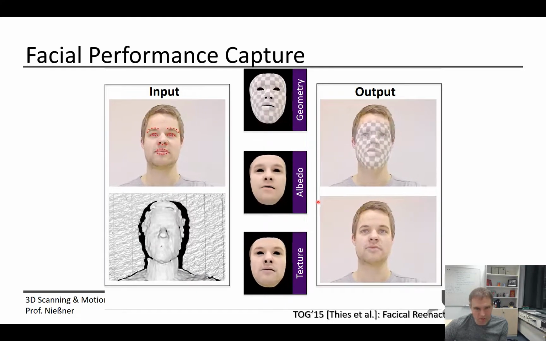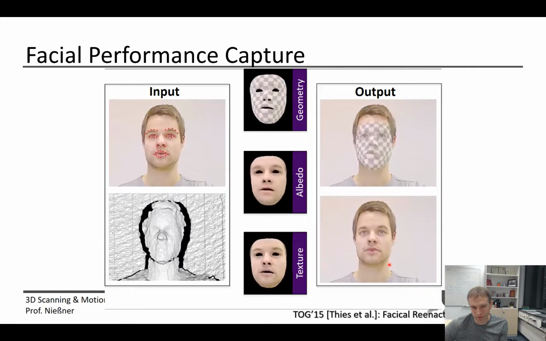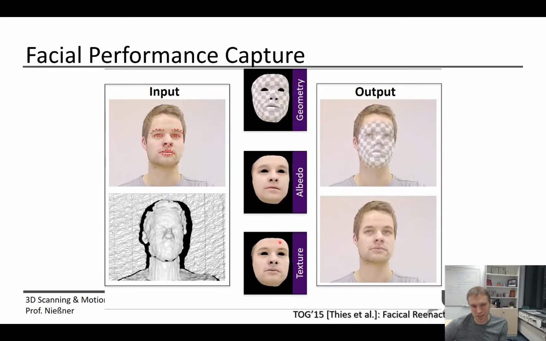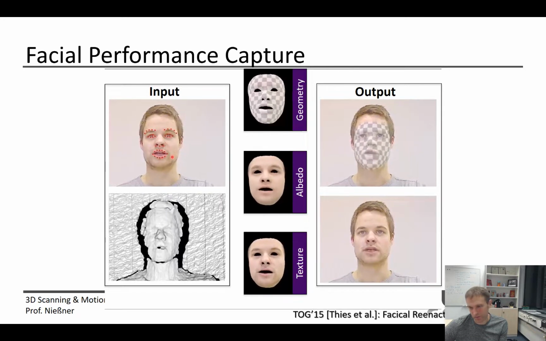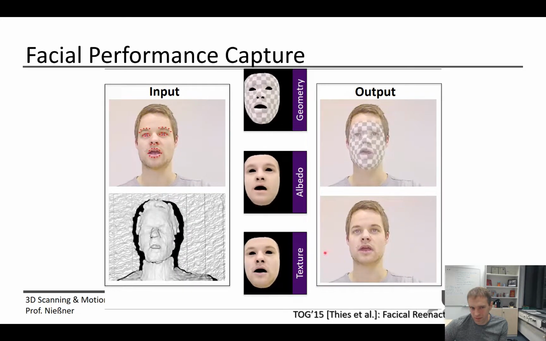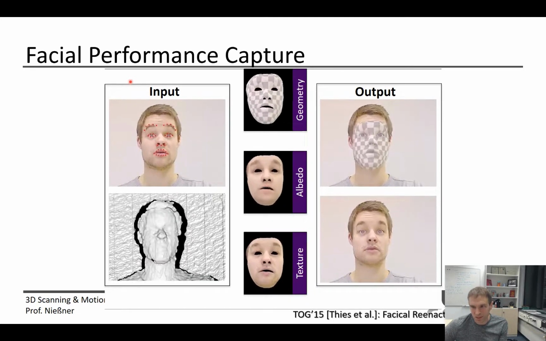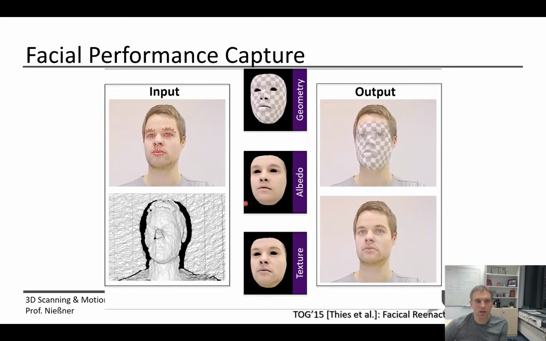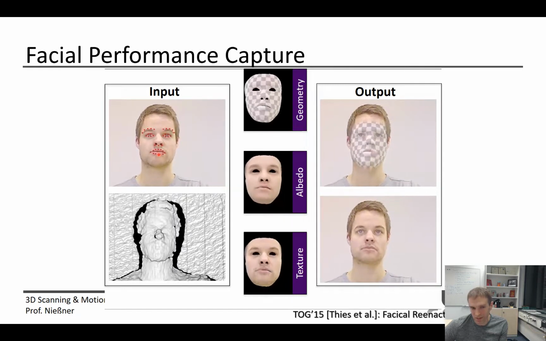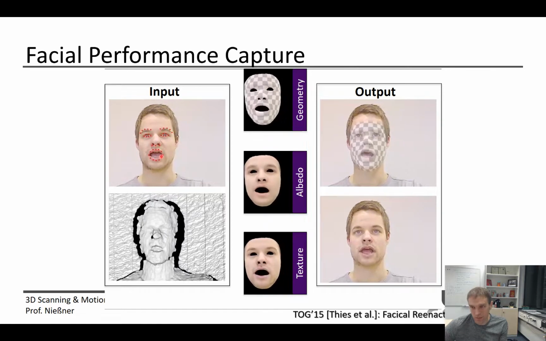And the very interesting one is actually this one in the bottom right, because this is a re-rendering of this textured model on top of the input. And if you cannot see a difference between this one and this one, then we've done a pretty good job in the optimization, because that means that every pixel here coincides with every pixel here. If you look very closely, you can still see a few artifacts, but it's pretty close actually.